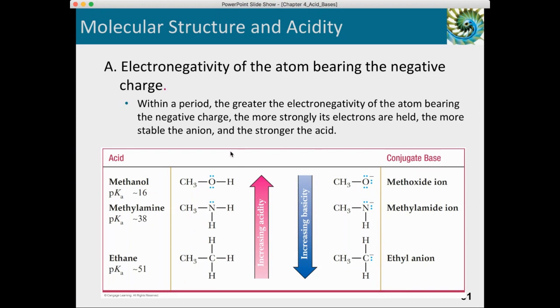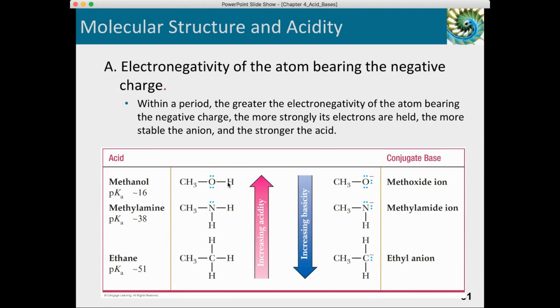So here is an example. Let's compare the acidity of three organic molecules: methanol, methylamine, and ethane. Remember I said in the previous class, when you look at an organic molecule, the first thing you have to decide is which is the most acidic proton. That is usually the one bonded to the most electronegative atom, in this case, the one bonded to oxygen.